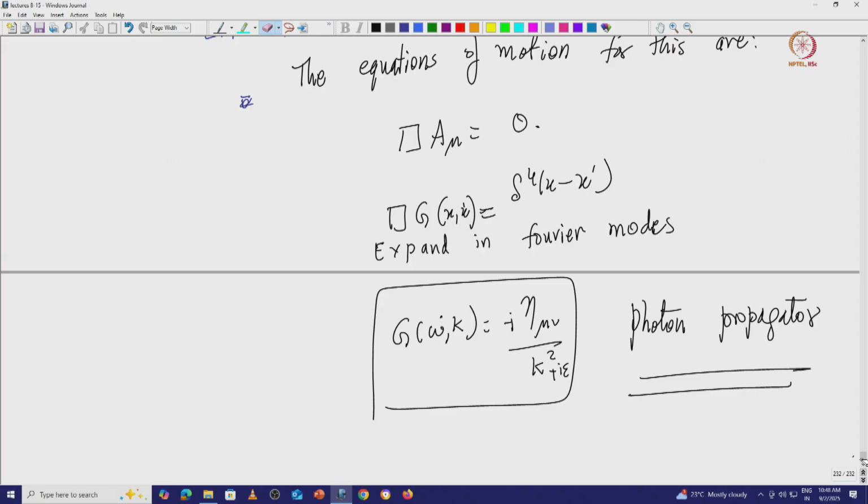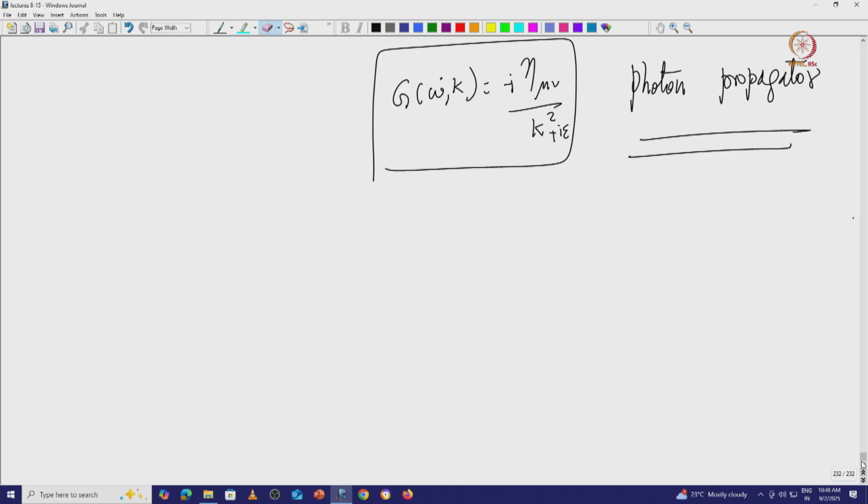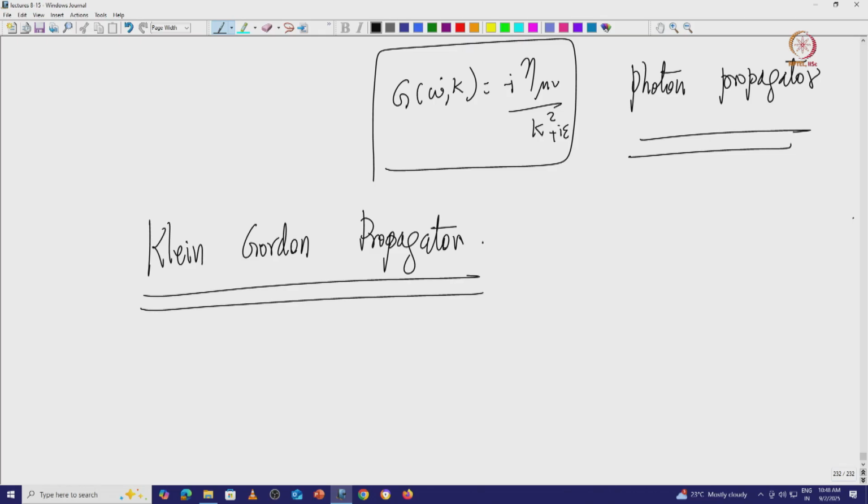Now you can do the same thing for the Klein-Gordon field. In the Klein-Gordon field, you have box plus m square acting on phi of x, that is equal to delta to the power 4 of x minus x prime.